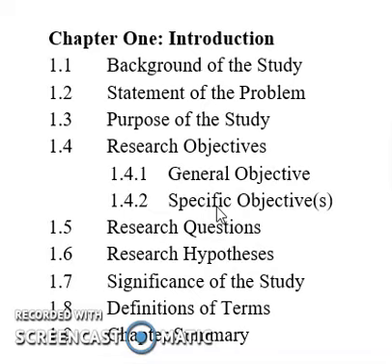Then it is followed by research question and research hypothesis. Please remember that your research objective, research question and research hypothesis, especially the specific objective, must tally with one another.